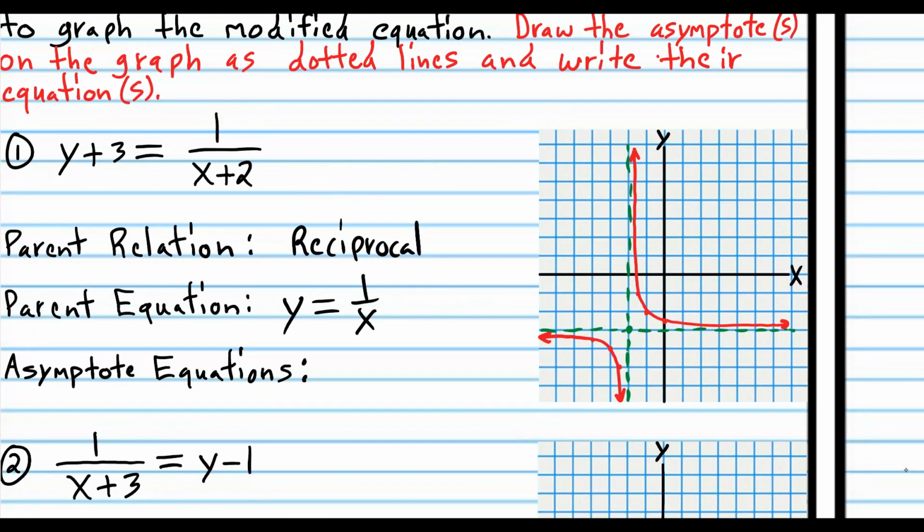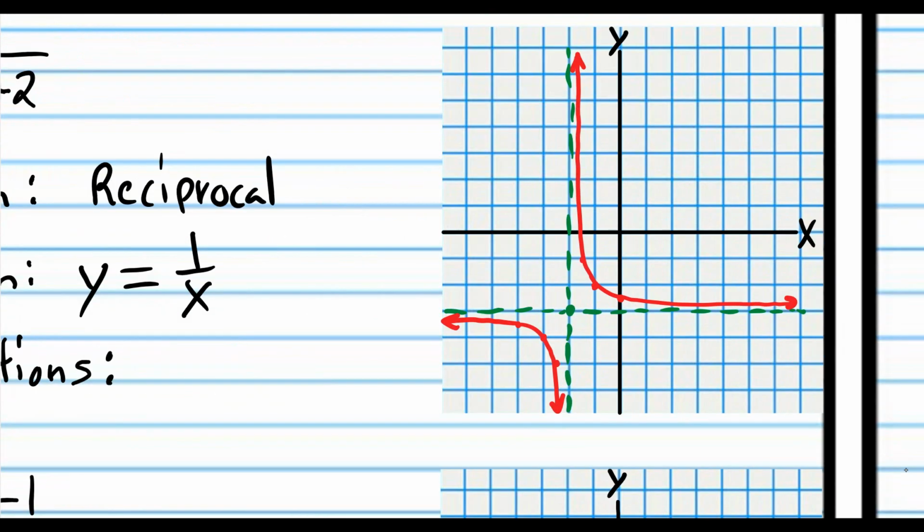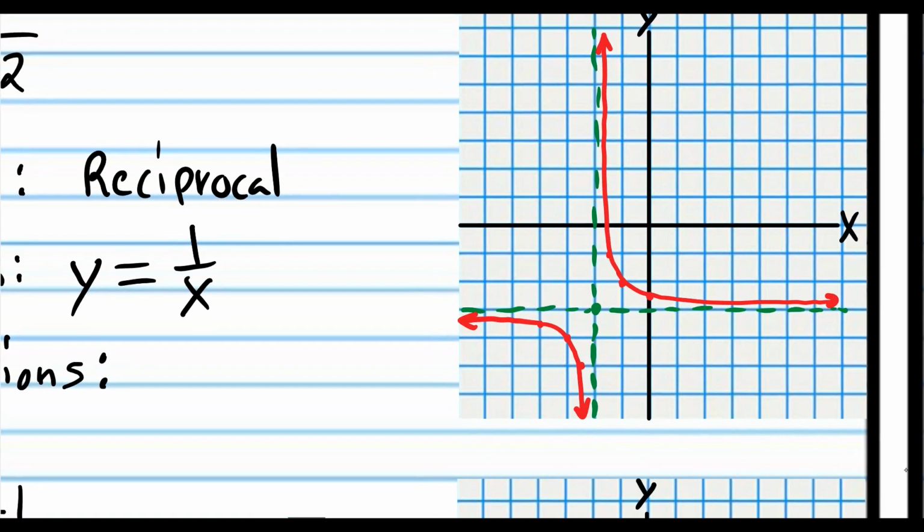Now I want you to understand something. You can use the table to help you in your library of relations, but eventually you're going to be expected to memorize where those points are, the 6 reference points. But if for some reason you forget, you can use this parent equation.